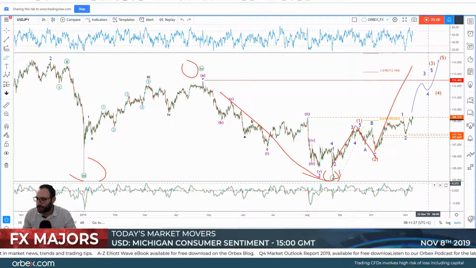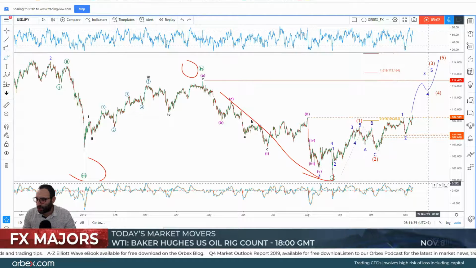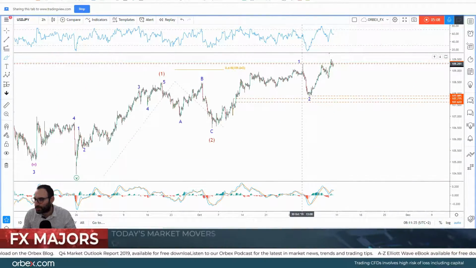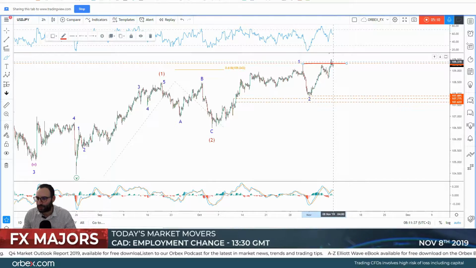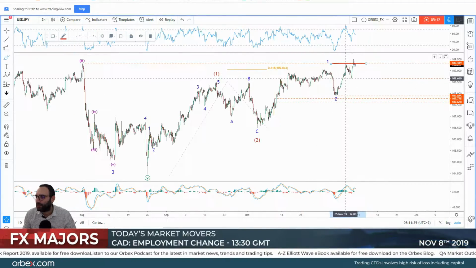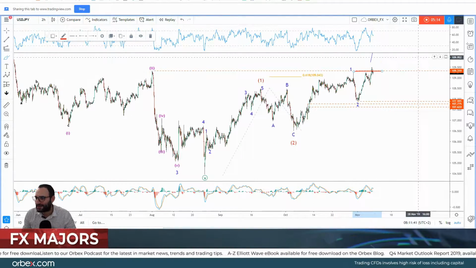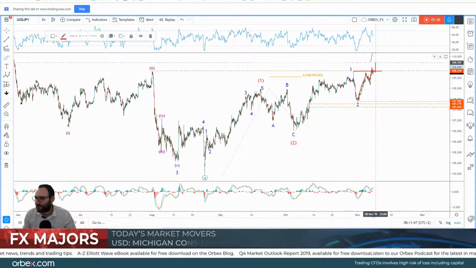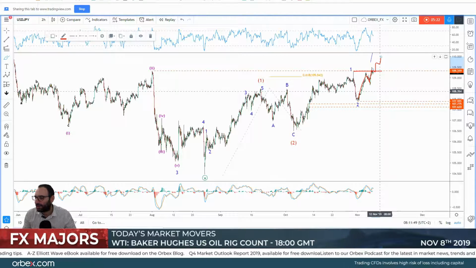In the short term, dollar yen looks impulsive, and since it looks like we're going to break above that level, this is a false break indeed, I would be looking at 110 at least next, okay? This is quite impulsive. This is the first wave of a small minuet move.